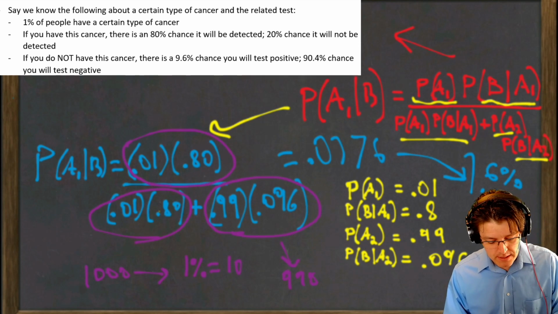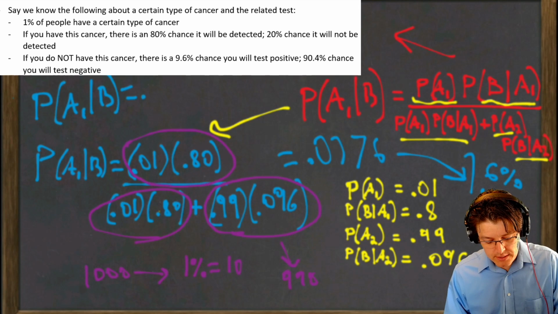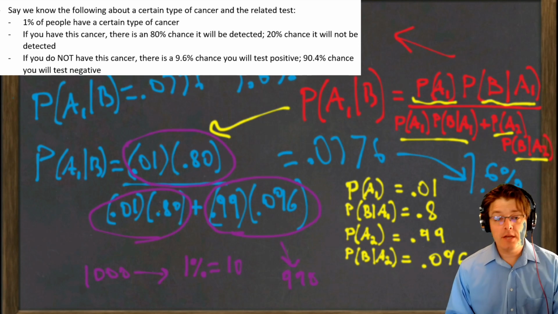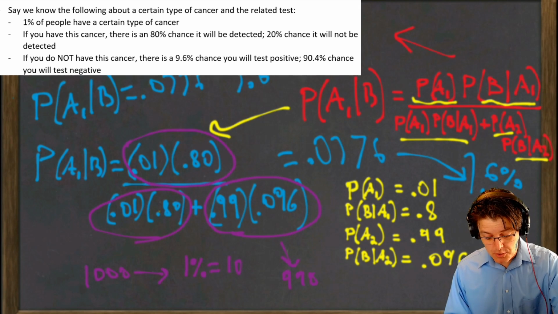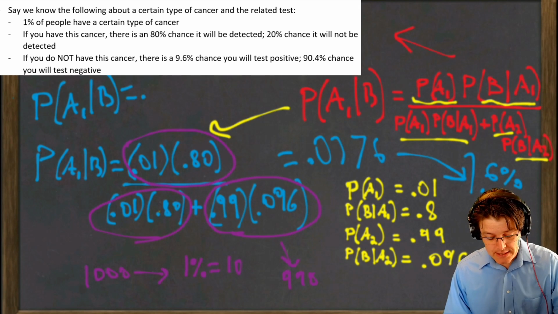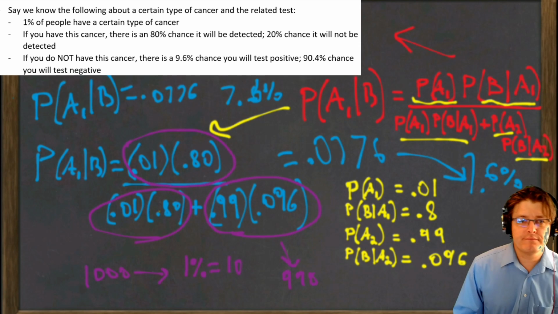Okay, so the probability of A1, so having cancer given you get a positive test, is 0.0776, or 7.6%. Okay, so you should, that's off the screen. You should be concerned, but you should not assume that you for sure have cancer when you get the positive call from your doctor.